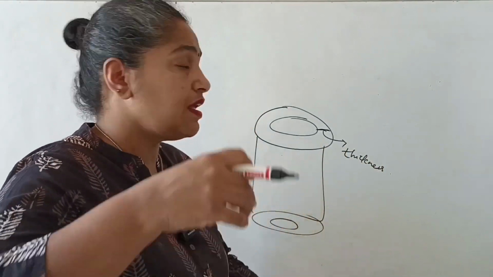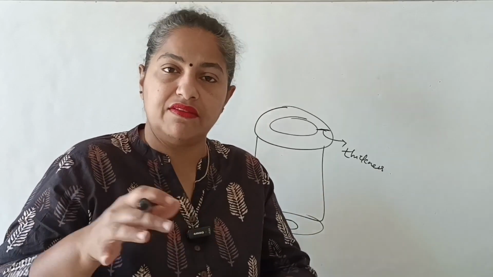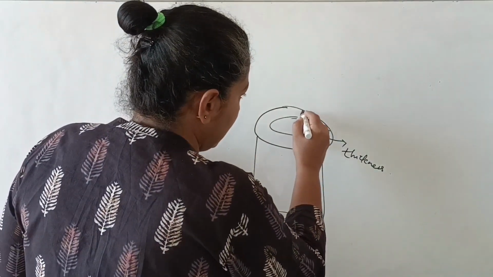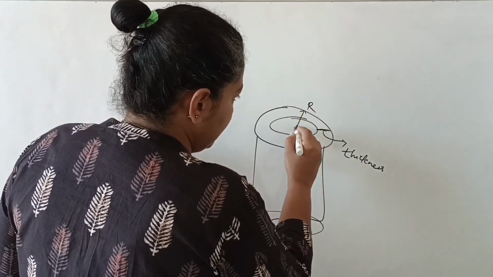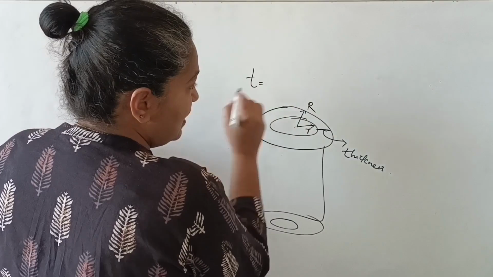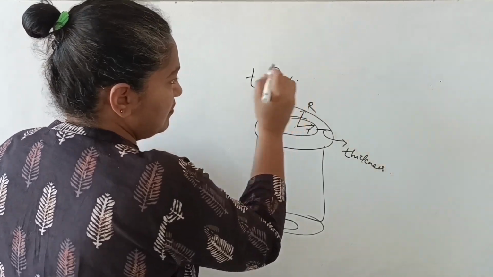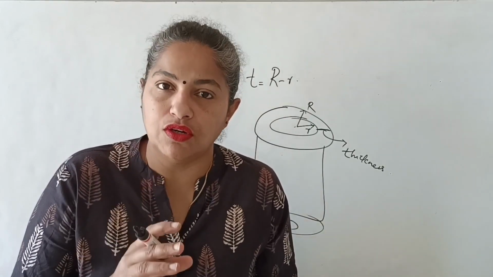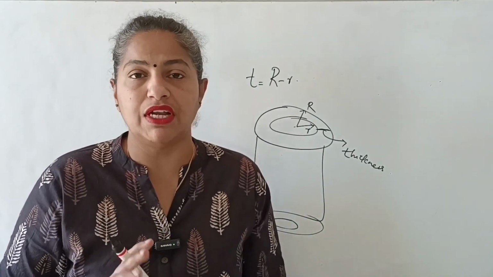Because there was a thickness and we had a hollow space inside, we started deriving this formula. Now, you know that this radius is capital letter R. This radius is small letter r. So, what is our thickness T equal to? It is capital R minus small r. So, this is one small addition that I wanted to make to the formula that we have done.